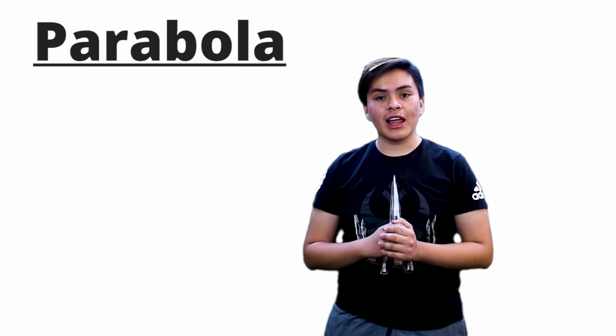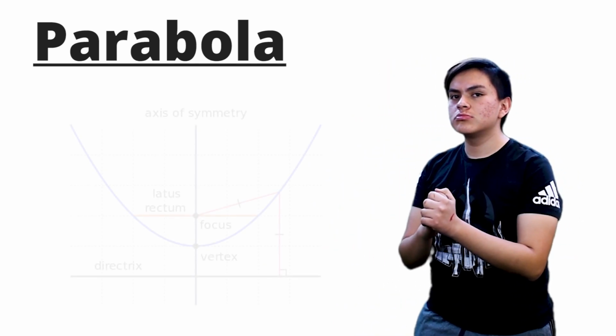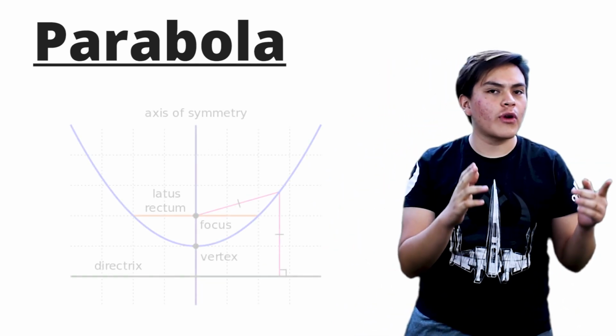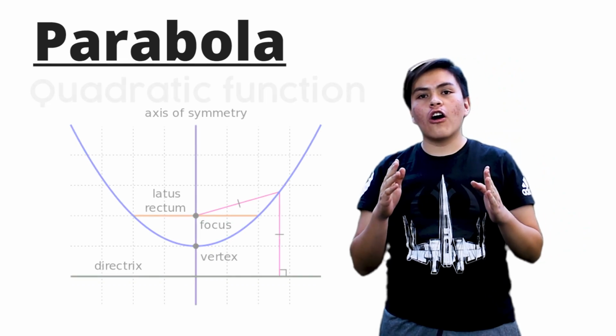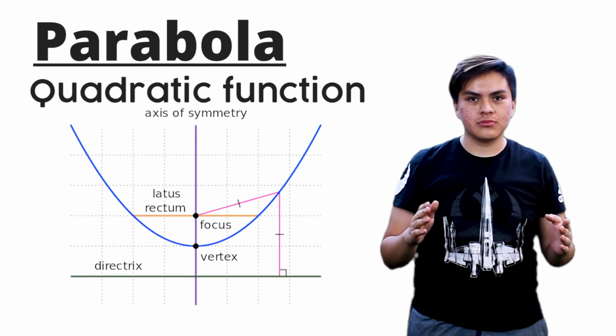We are going to present to you the topic of parabolas. First of all, what is a parabola? A parabola is a section. We want to look at the graph of a quadratic function.